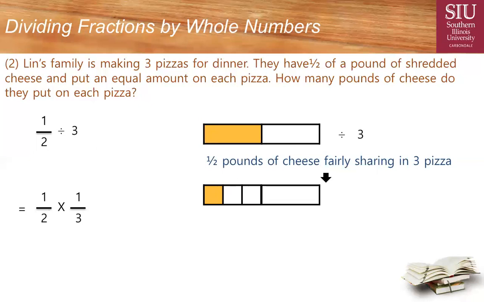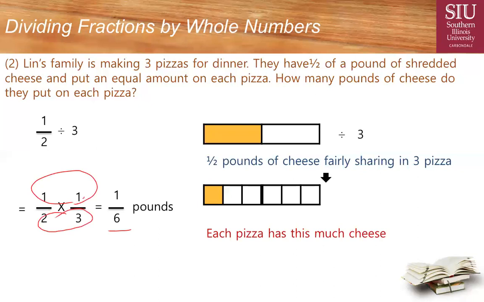So each pizza can get how many? Procedurally, you can take 1/2 times 1/3. So you will get 1/6, right? Numerator times numerator, denominator times denominator. So this is 1/6 for the procedure.